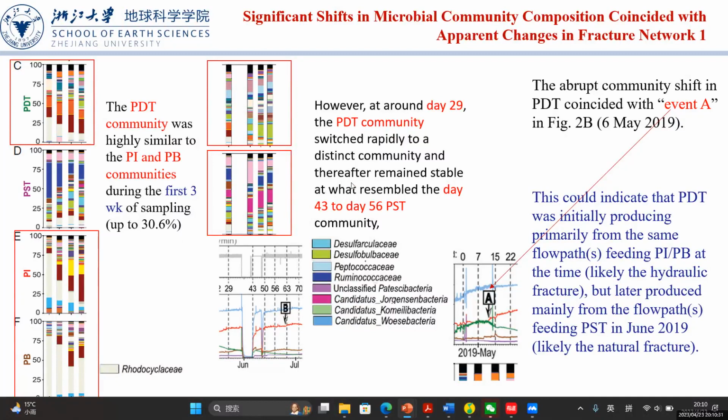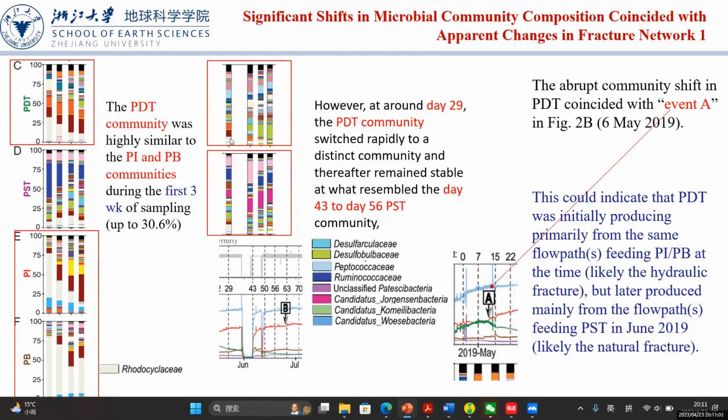However, at around day 29, the PDT community switched rapidly to a distinct community, and thereafter remained stable at what resembled the day 43 to 56 PSD community. So here is also the PDT community, and this one is PSD community, and I also put the time here.